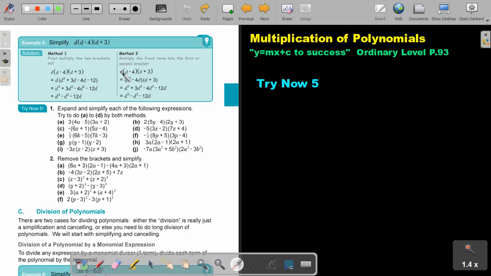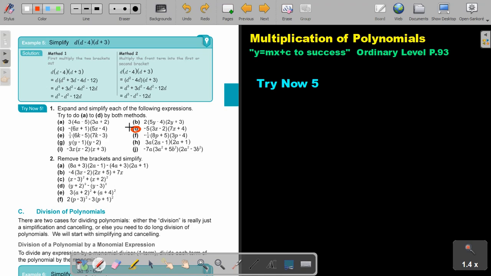Or I can multiply that front term inside only the first bracket, which creates two brackets again, and then multiply them with each other. Again I want you to stop the video and do one. I'm going to give you number D. You can continue the video as soon as you are finished.